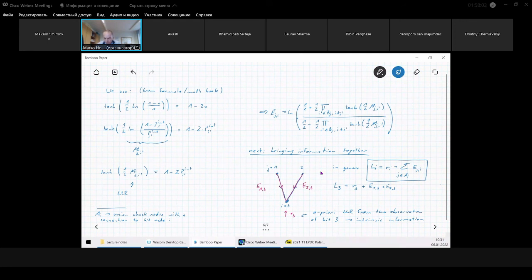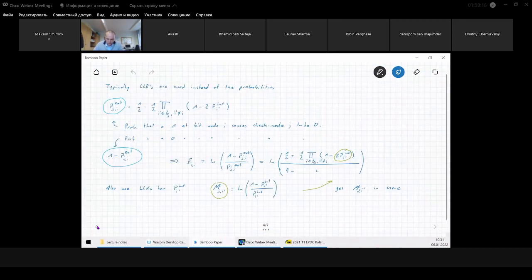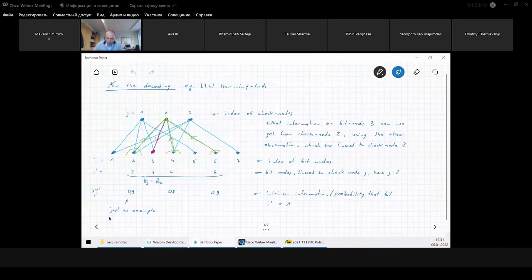We need to continue a bit further there, but already, let's say, the first step: how we can basically extract new information on the desired bit that we are looking at by using our other observations in terms of probabilities or in terms of log likelihood ratios.